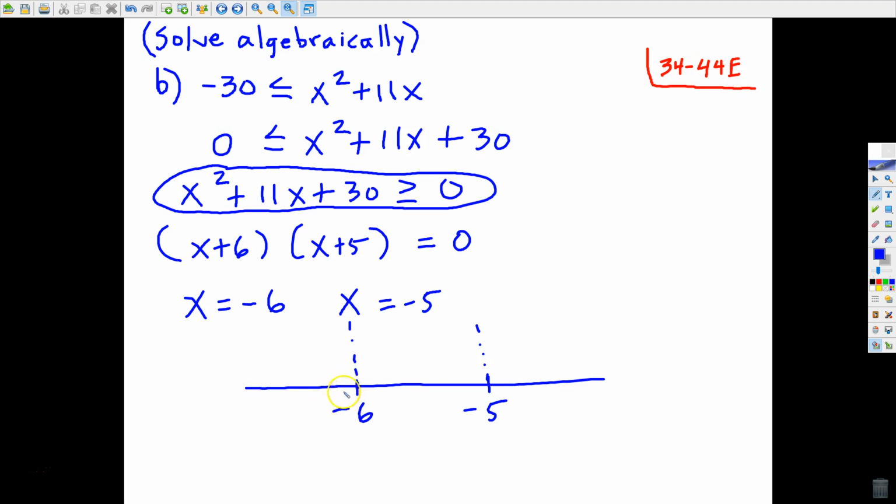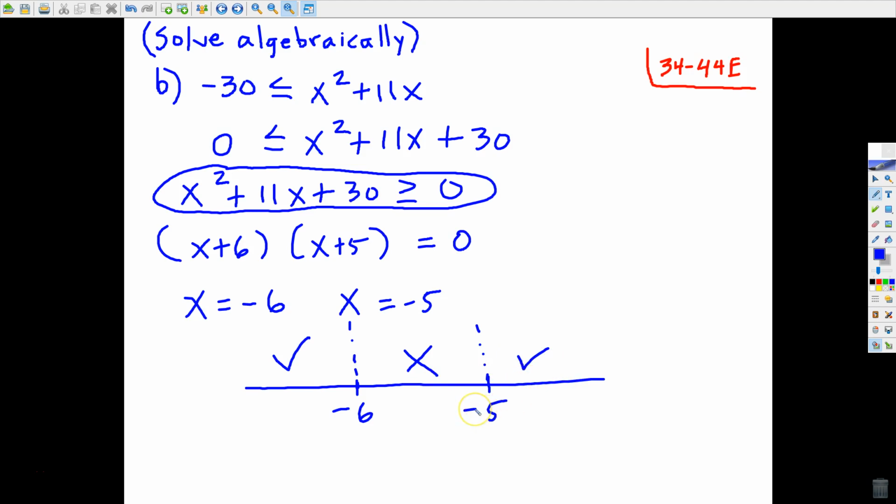Okay, hopefully you've done your test and you've discovered that the numbers less than -6 work. How many of you figured that out? Good. The numbers in between do not. And the numbers greater than -5 work.